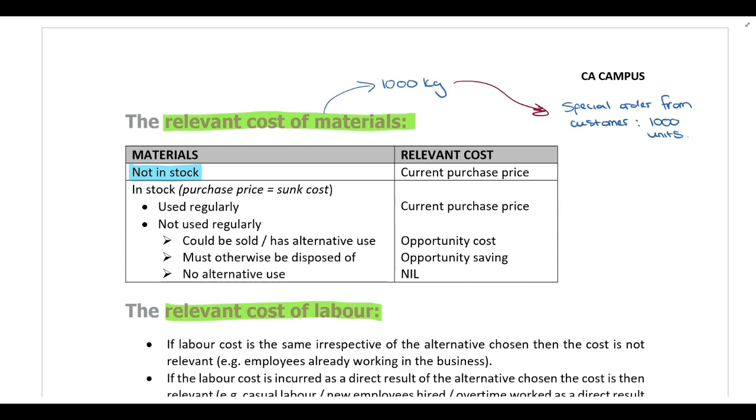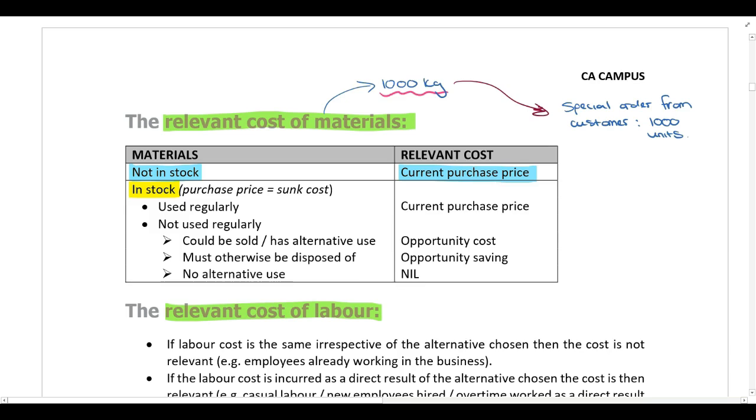So if it's not in stock, the relevant cost is going to be your current purchase price, whatever you pay in order to buy the 1,000 kilograms of material. That's the easiest situation that you'll be faced with, and that should make sense to you. The relevant cost, if you don't have the material on hand, is the cost to go and buy the material. However, it gets a little bit more tricky if you do have the material in stock.